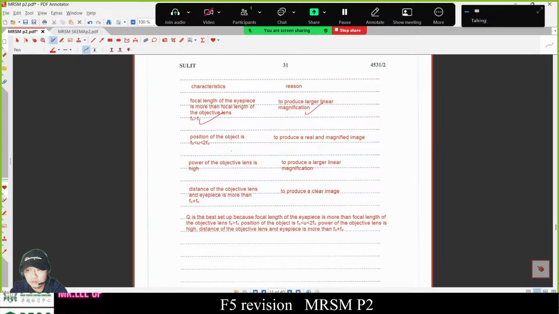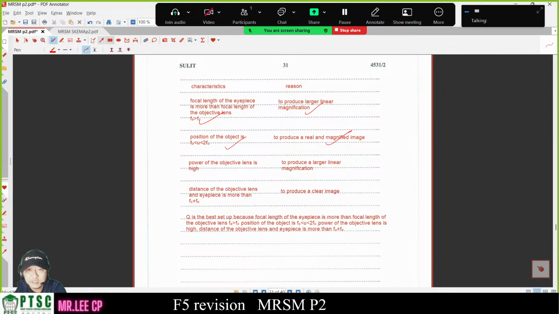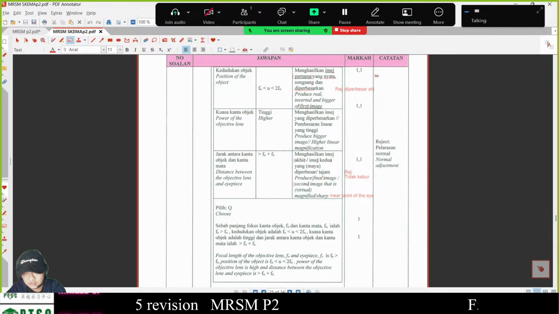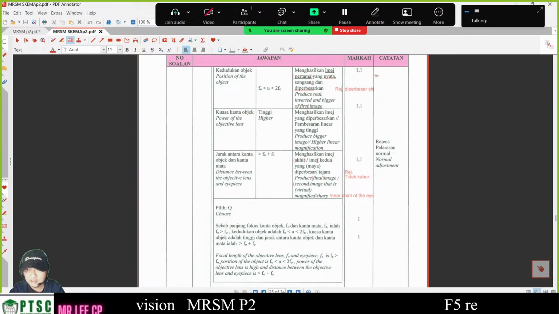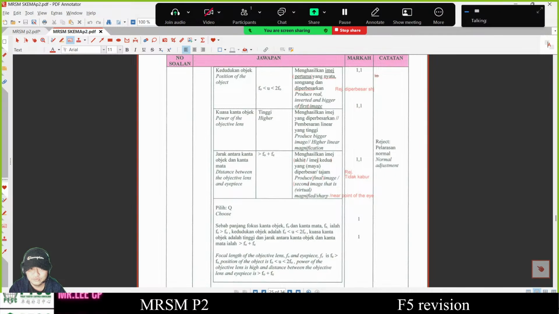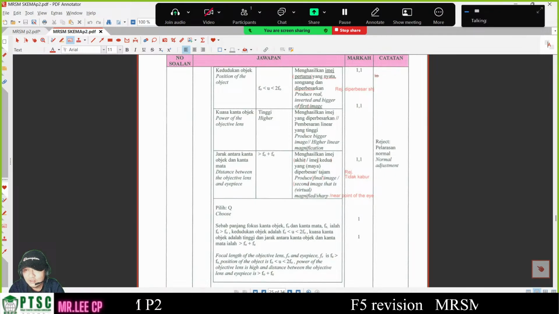Bigger means magnified, the same thing. So inverted is not so important. You don't want it inverted, but if it is inverted, you have to accept it also, right?